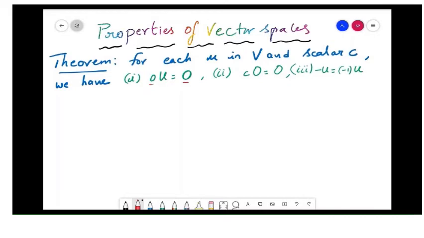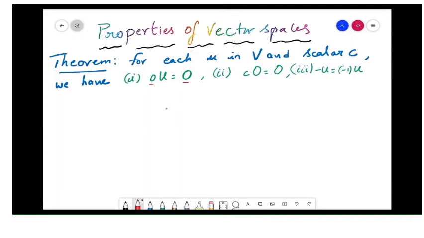That means it can be a column vector which has all zeros in that particular vector space, or it can be a zero polynomial, or it can be a matrix with all 0 elements, which is on par with 0 in that particular vector space. In the second one I wrote C into 0 is equal to 0.